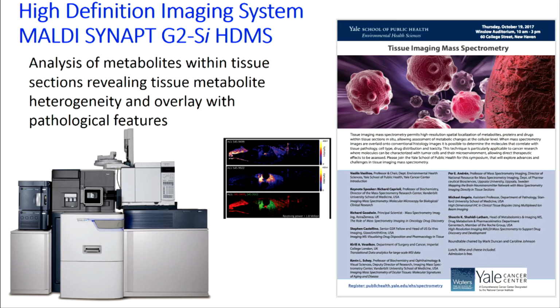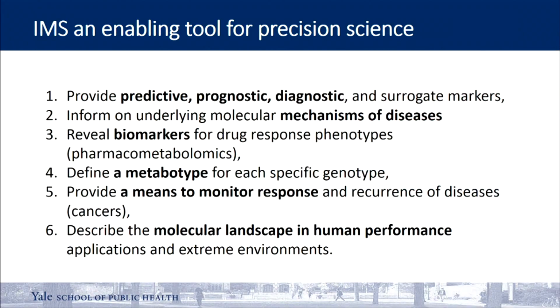So we have a high definition imaging system with a Synapt G2, and this was my second symposium that I organized on tissue imaging mass spectrometry, with people from universities and also from industry talking about tissue imaging. And this is something really amazing, how this technology can enhance single cell studies.